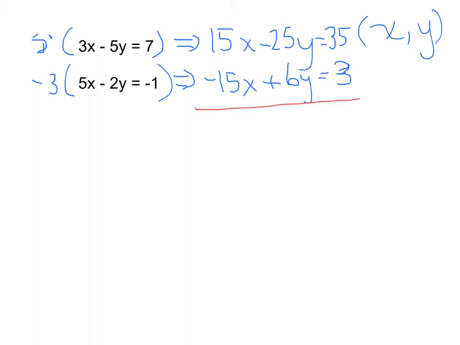The reasoning is if negative 15x plus 6y is equal to 3, then if I add 3 to the right side of the first equation, that would be balanced by adding negative 15x plus 6y to the left side of the first equation, because I'd be adding equal things.